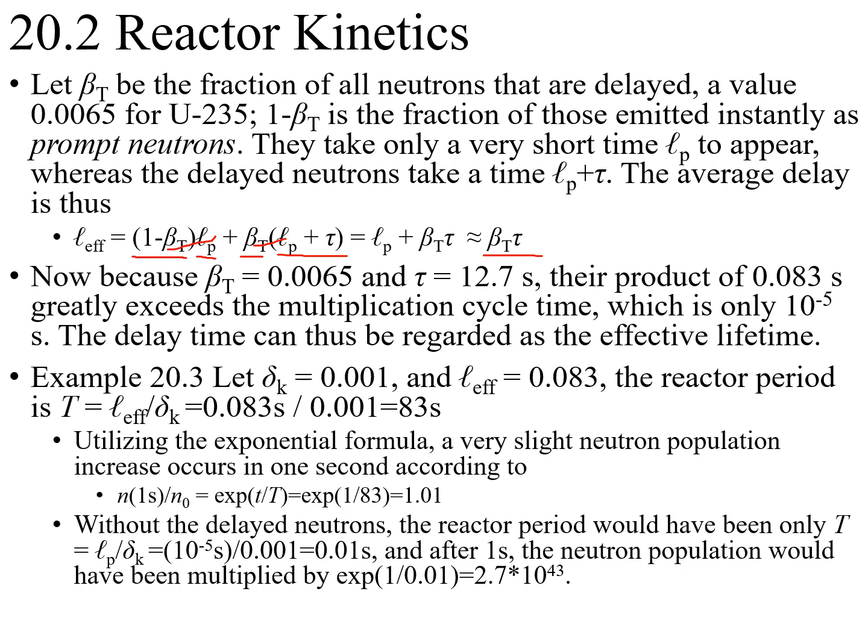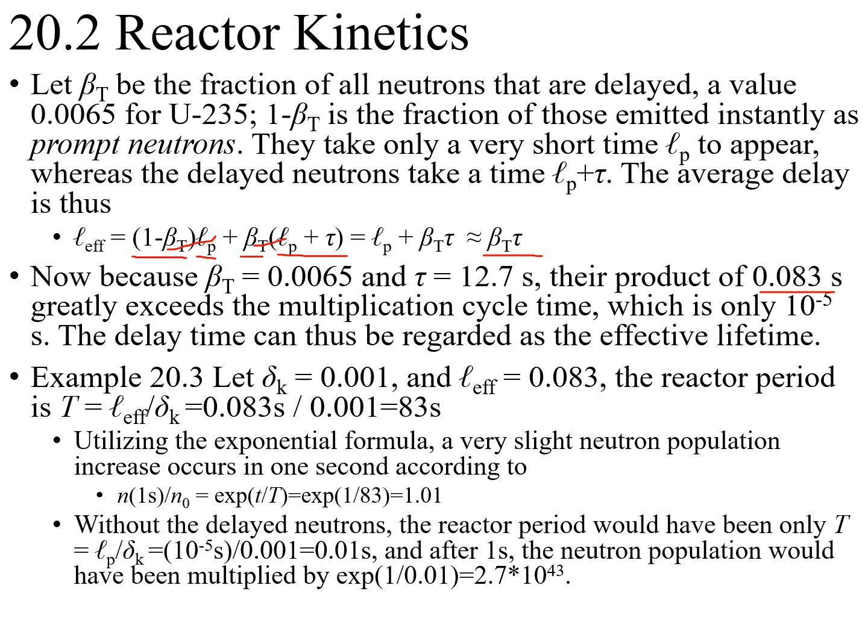We can calculate this R effective, which is equal to 0.083 seconds, because beta T for the fuel is 0.0065 and tau is 12.7 seconds, for uranium. This value greatly exceeds the multiplication cycle time, which is only 10 to the negative 5. So that will allow us to control the reactor.